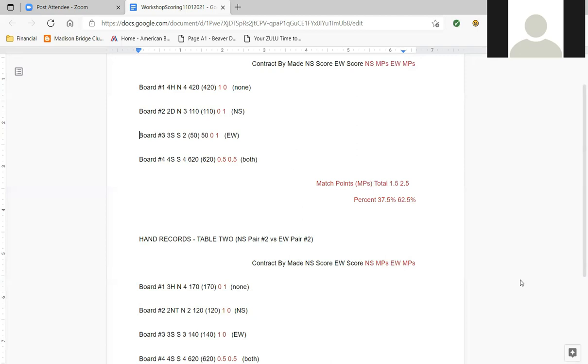If I'm East-West sitting at table 2, I'm thinking, well, after one hand, North-South is ahead of us by 170 already. That's not so hot either, but I'm glad they didn't bid game because they'd be ahead by even more. But wait a minute. I might have won, right? Because I'm not competing against North-South. I'm competing against East-West at the other table.